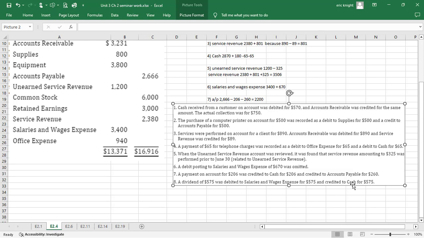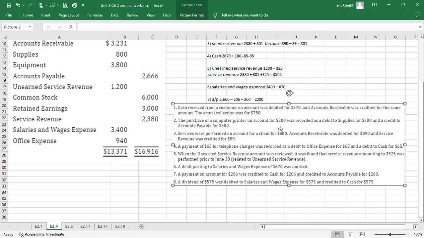So they made 2 errors. First of all, they're supposed to debit accounts payable. That was right, which would reduce accounts payable. They were supposed to reduce accounts payable by $206, but they reduced it by $260.